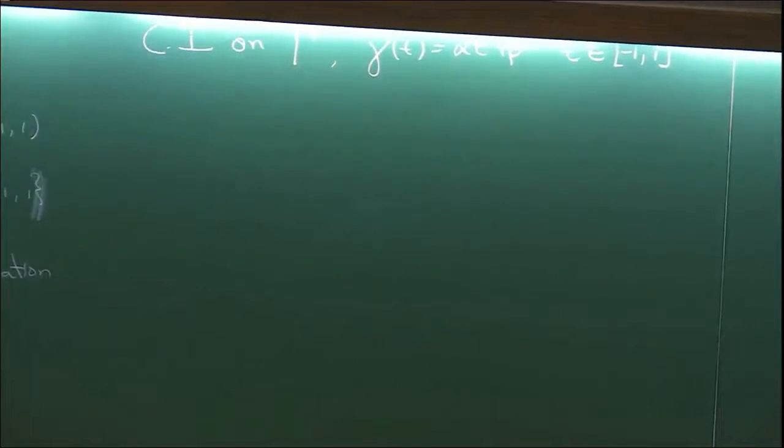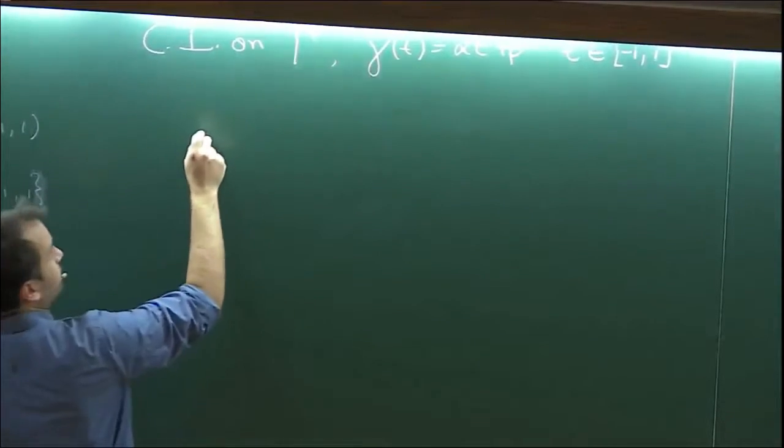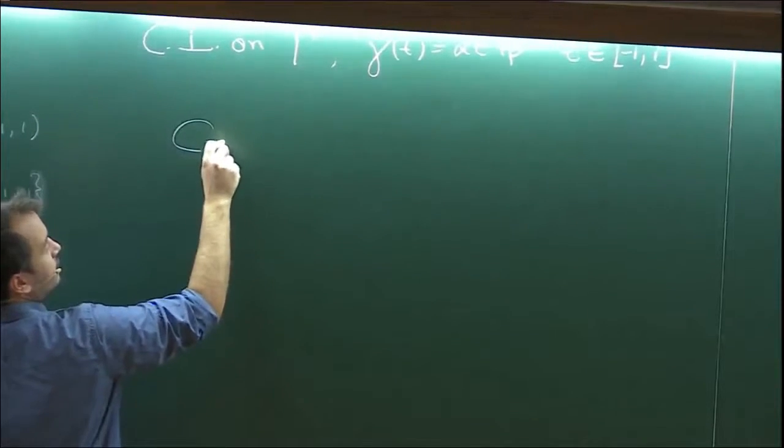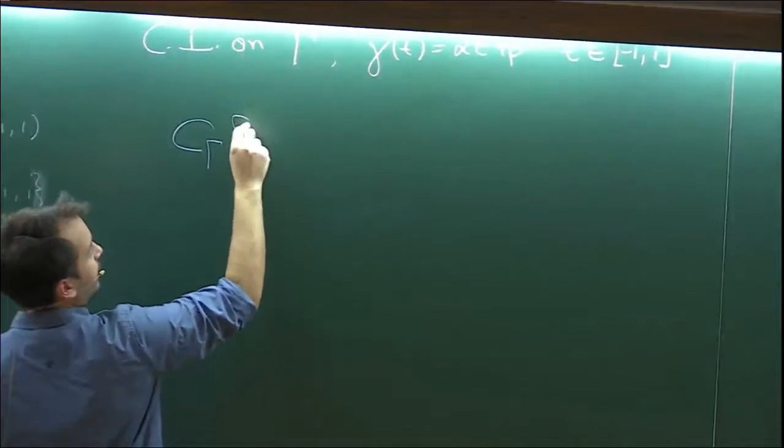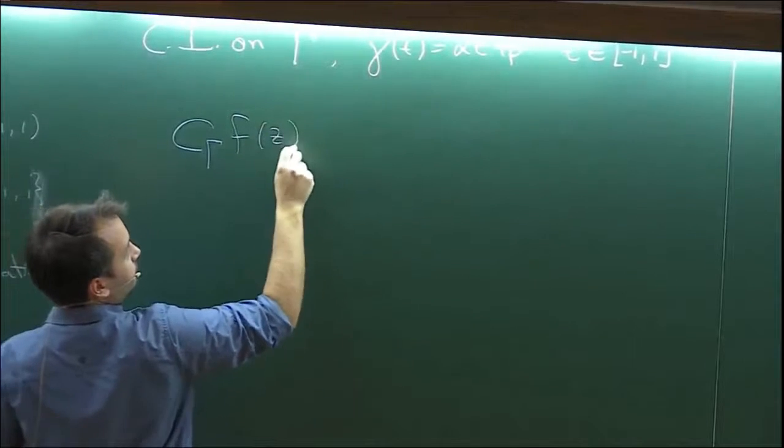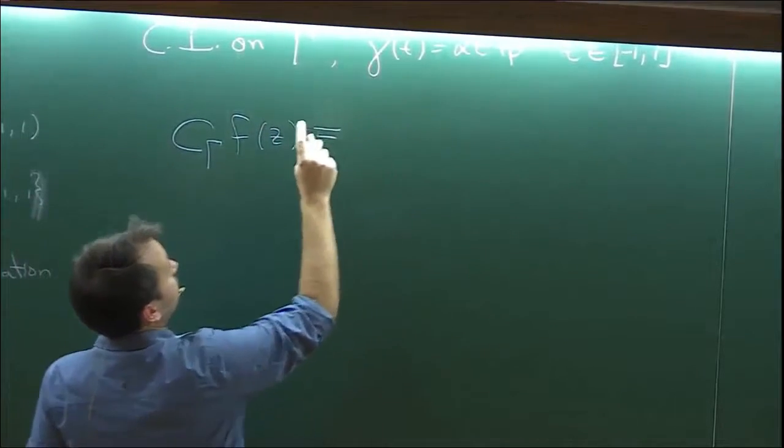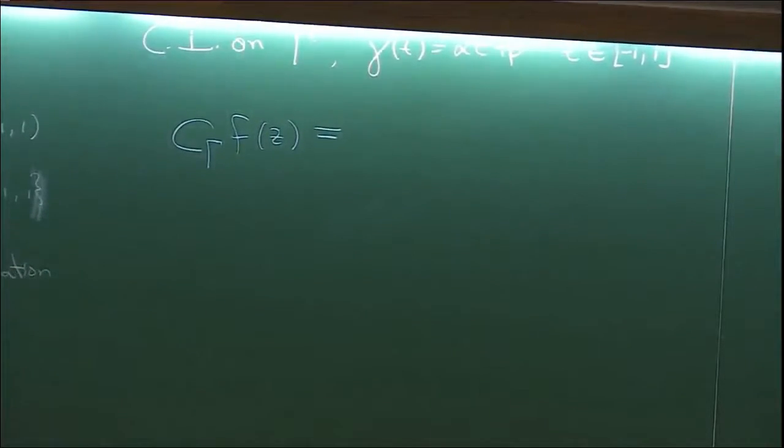Right, so that's my new, now I want to do the Cauchy integral. And for those of you who were in the discussion section yesterday, I showed you there's this important fact, that C gamma f of z is, so this little gamma maps me from the unit interval to the curve.